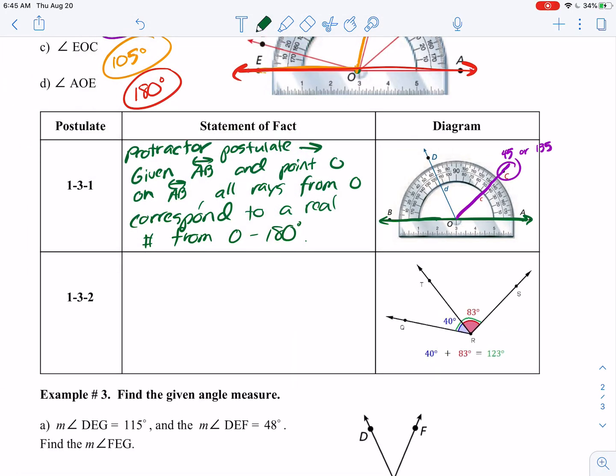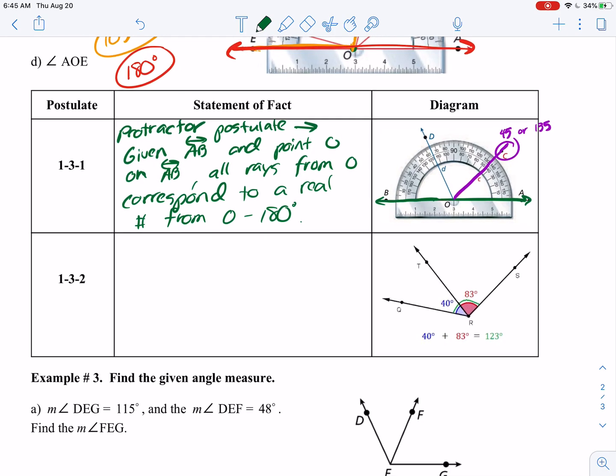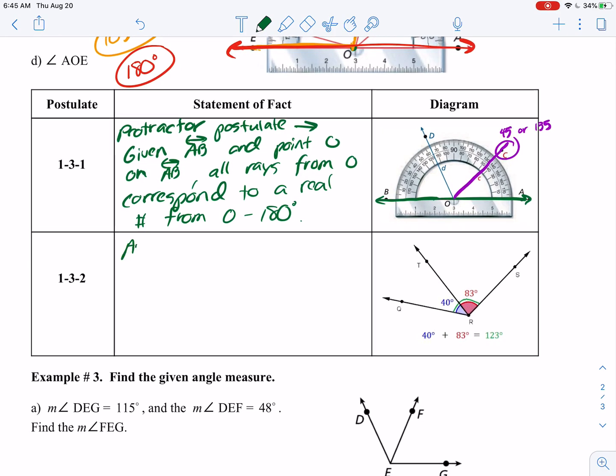Another postulate, just like the previous section, we had segment addition postulate. We also have angle addition postulate, which we're going to practice in a sec.